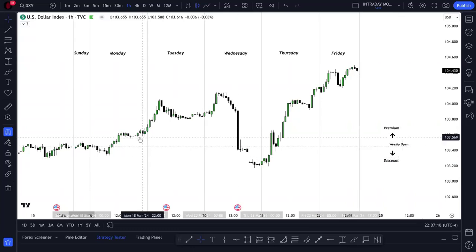With the hindsight that we have this week, we can see Monday, even Sunday too, but let's say we're not looking at Sunday. Monday, Wednesday, and Thursday, we could see price was below the weekly opening price and gave some type of sponsorship to the upside. Is that a coincidence? No, it is not.